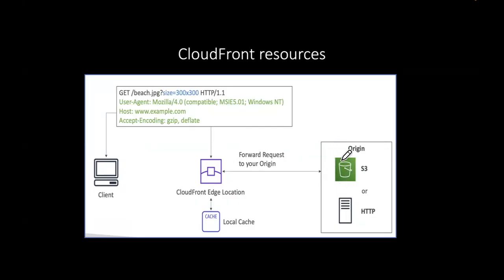And the origin can be an S3 bucket, but it could actually be any type of HTTP resource. It could be an API gateway, or it could be a load balancer. In our case, in this lecture, anyway, it will be an S3 bucket.